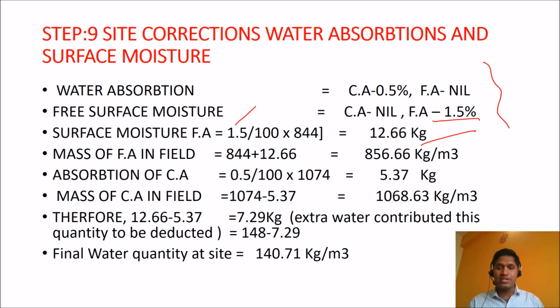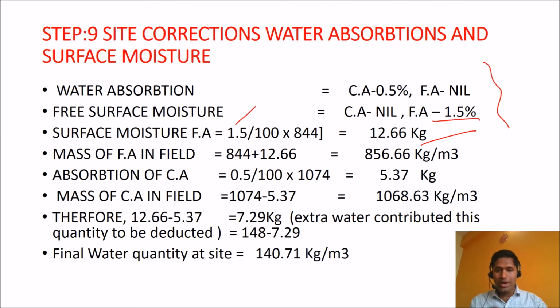That is why you need to increase that amount: 844 kg plus 12.66 equals 856.66 kg per cubic meter. That much fine aggregate will be increased because of the presence of moisture.